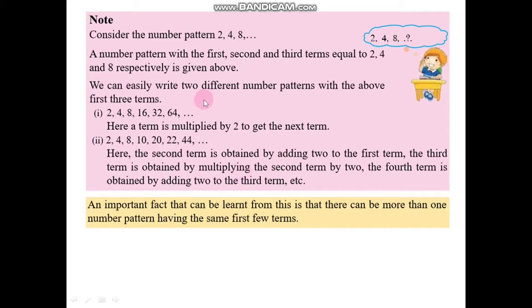There's a note. A number pattern with the first, second and third terms equal to 2, 4 and 8 respectively is given above. We can easily write 2 different number patterns with the above first 3 terms. Let us see them. One is 2, 4, 8, 16, 32, 64. In every number pattern there is a pattern, right?